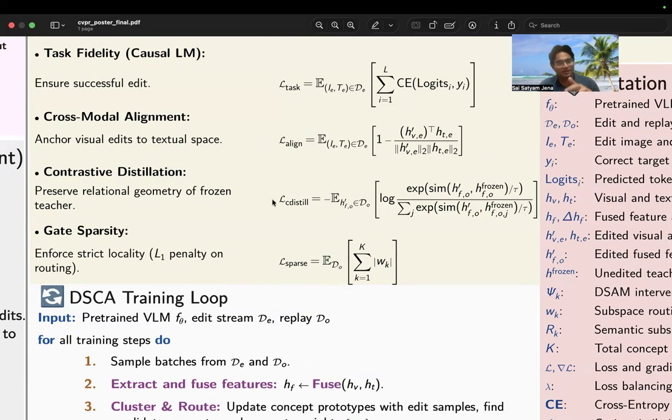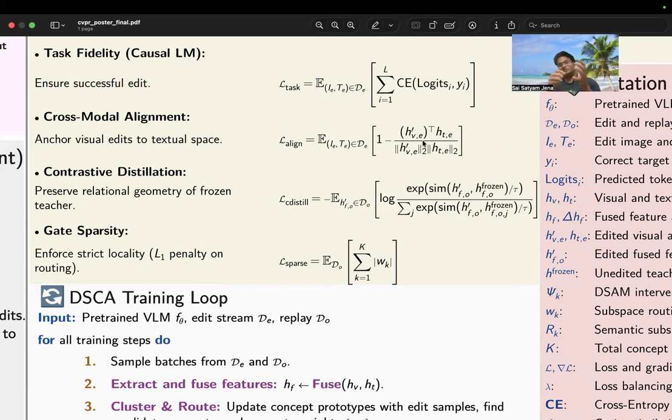Coming to the second term, this is the cross modal alignment loss. What we are trying to do is the difference, where S dash V is the edited internal visual representation. But one thing may arise in your mind: we are just editing the fused representations, so how is this visual edit coming in?